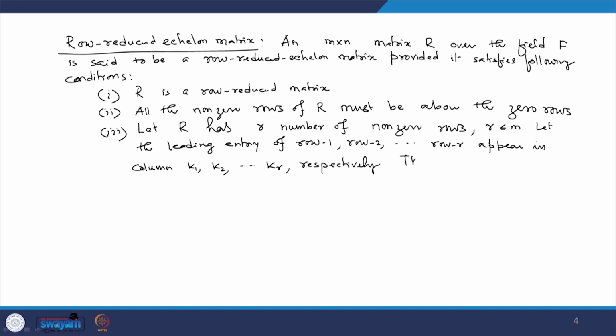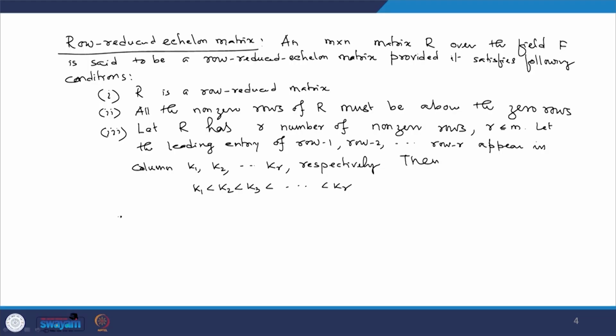Then K1 is less than K2, less than K3, up to less than Kr. So, an M cross N matrix R is said to be a row reduced echelon matrix provided it satisfies these three conditions.